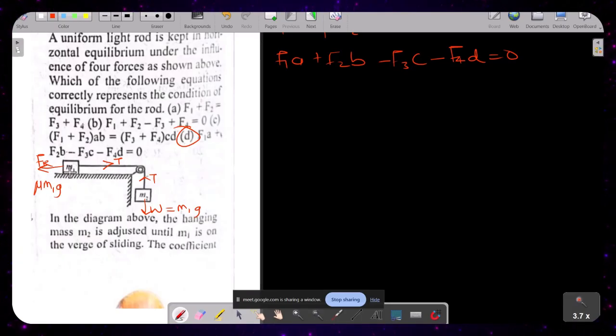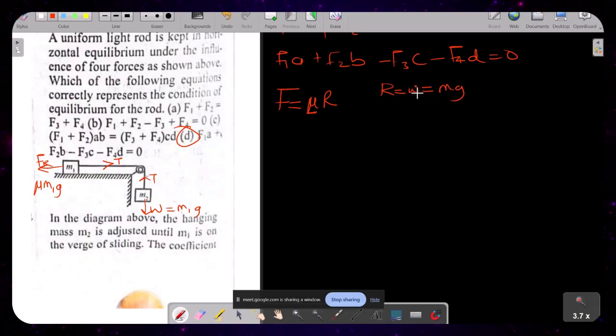The reason why I'm going to have it this way is because of the formula for frictional force. If you may recall, it is given as F equals mu times R, whereby mu is the coefficient of static friction and R is known as your normal reaction. This R is still the same thing as your weight, which is opposite to weight, and it's still equal to mg.